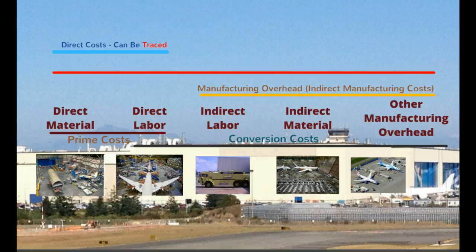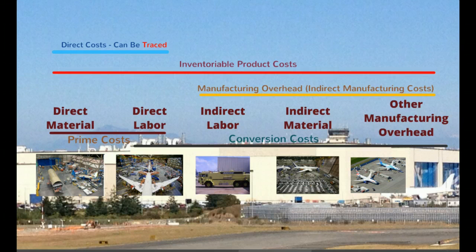Indirect manufacturing costs instead have to be allocated to products, and we're going to talk about cost allocation of indirect manufacturing costs when we get to Chapter 3. But for now, the distinction that we have to make is the distinction between direct costs, which can be traced to individual aircraft, and manufacturing overhead, indirect manufacturing costs, which cannot be traced to individual aircraft.